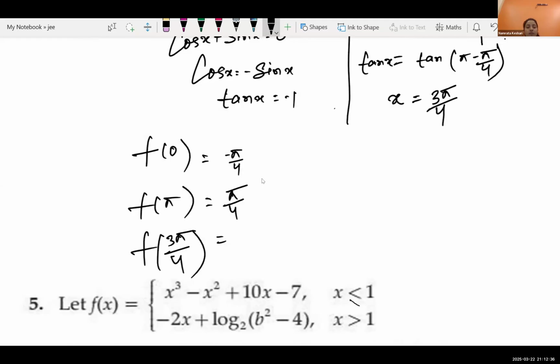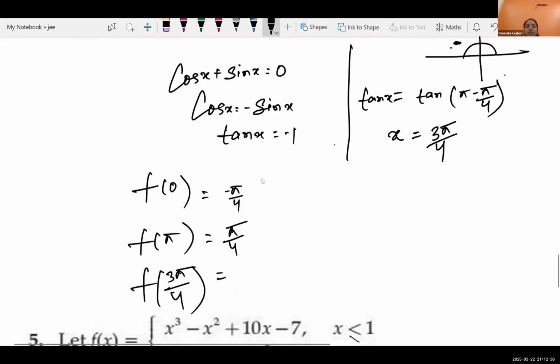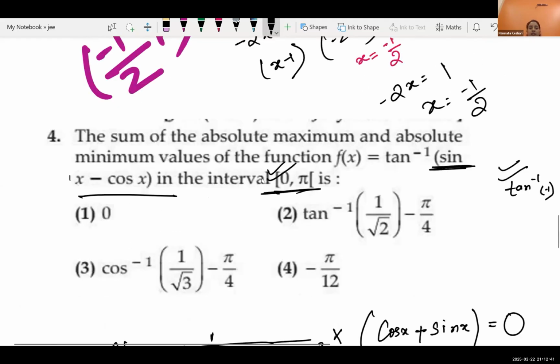Yes, ma'am. Okay, and if we take 3 pi by 4, sine 3 pi by 4 means sine of pi minus pi by 4, that is sine pi by 4, which is 1 by root 2, right? Yes.